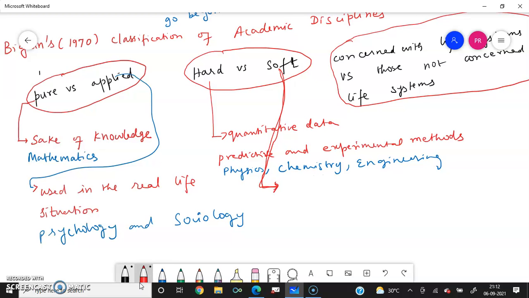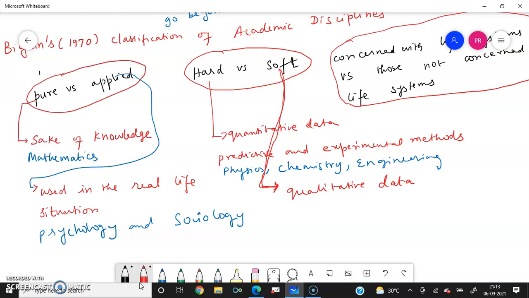They rely on qualitative data. Quantitative means numbers, related to numbers. Qualitative data is related to descriptions and languages and all. We talk about anthropology, how human beings lived, what their characters are, and all this we describe about them.